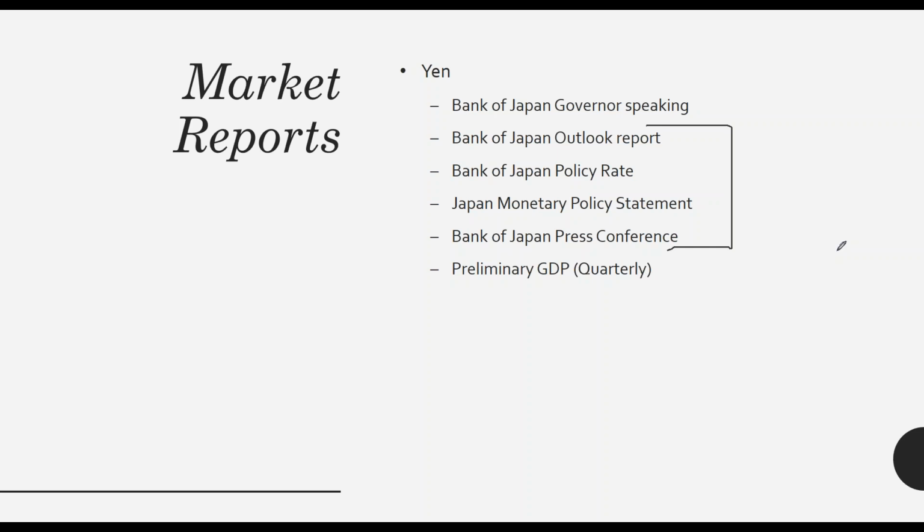In other words, it is a biased approach, not a volatility approach, okay? You also have the preliminary GDP quarterly, not the monthly, but the quarterly is the one that will move the market typically, okay?